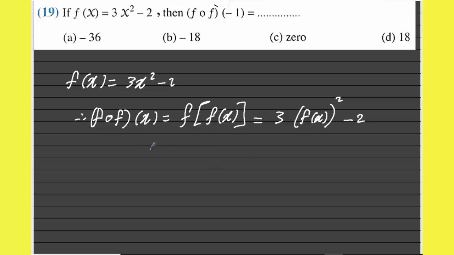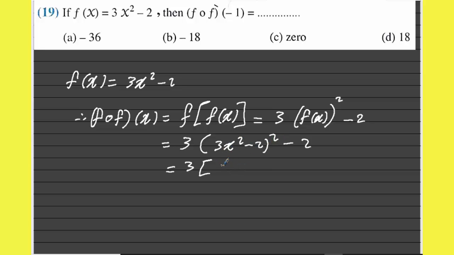Okay, which equals 3 f of x, it is 3x square minus 2, all power 2, minus 2, which equals 3 multiply (3x square minus 2) all power 2.